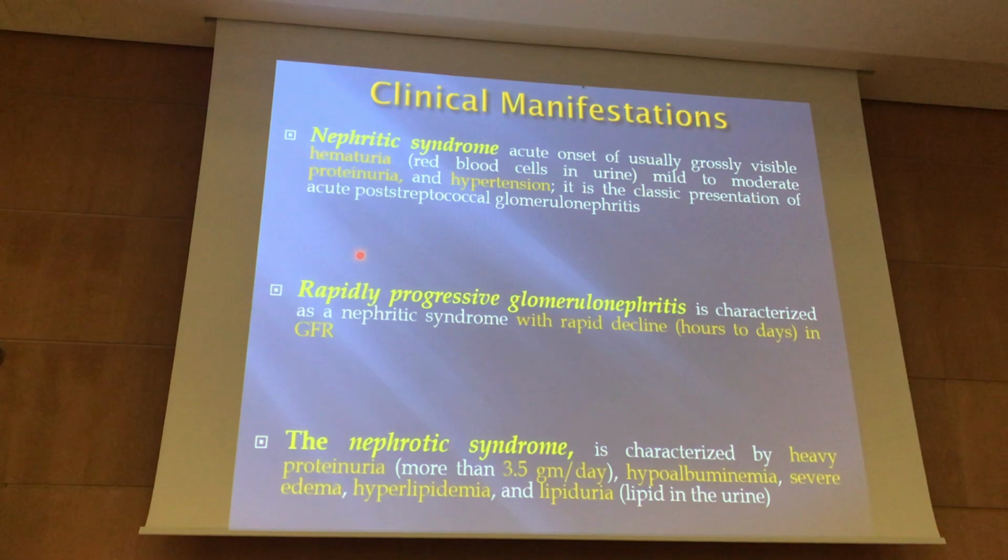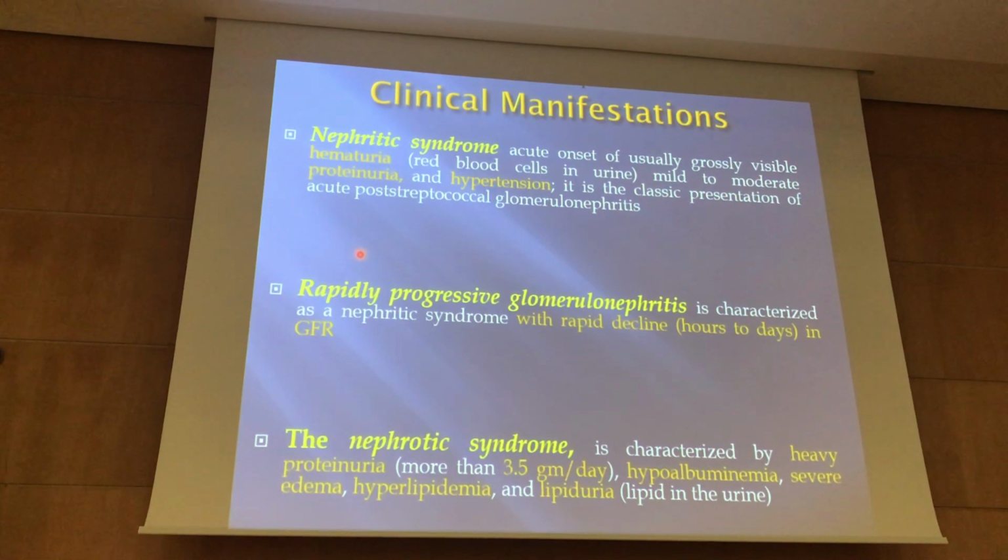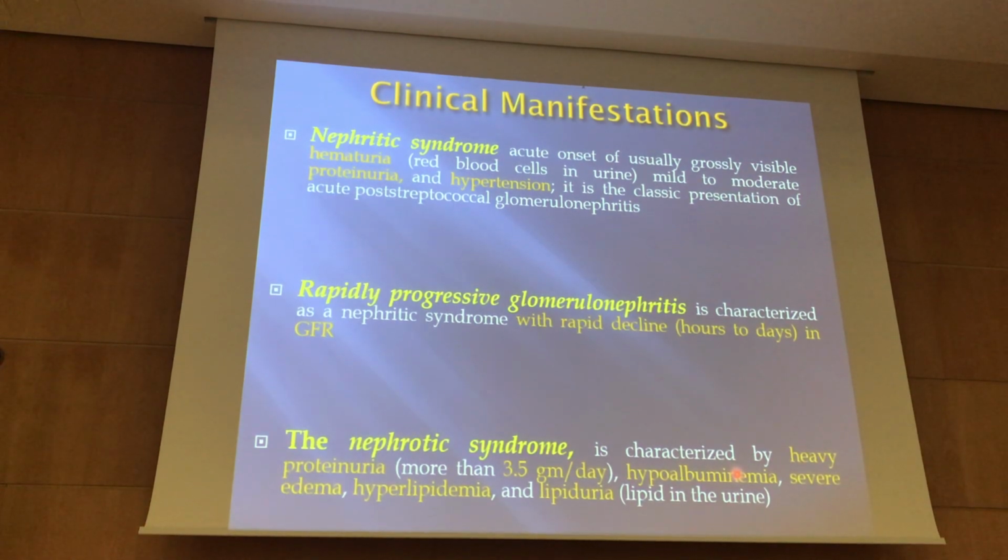Then, nephrotic syndrome. In nephrotic syndrome, you have heavy proteinuria, not mild to moderate, heavy, meaning more than 3.5 grams per day. And you have hypoalbuminemia. Why? Because the albumin is being excreted through urine, so in the body there will be a low level of albumin. Severe edema. Why? Oncotic pressure is decreased, so you have fluid in the third space.